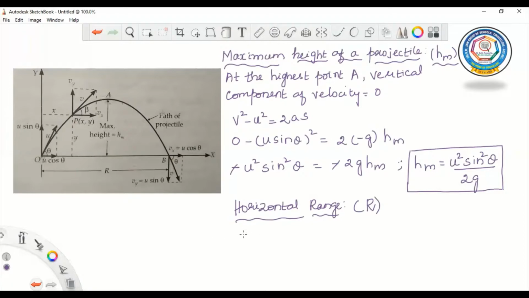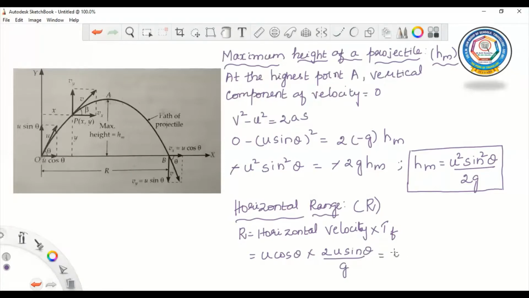Again it is very easy to calculate this expression. Range is nothing but distance. So horizontal range R is equal to horizontal velocity into time of flight. What is horizontal velocity? u cos theta, into time of flight, 2u sin theta divided by g. Hope all of you remember this formula we calculated now.